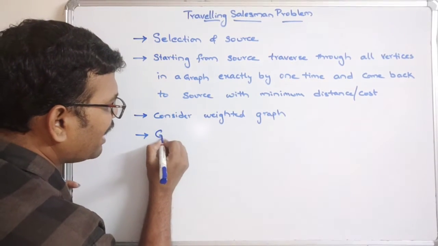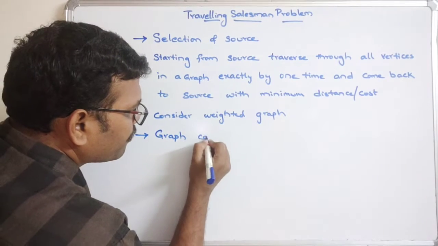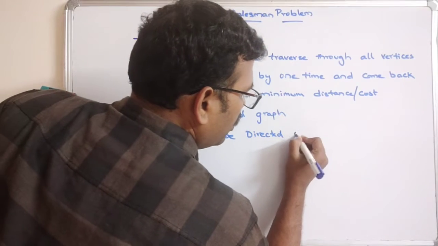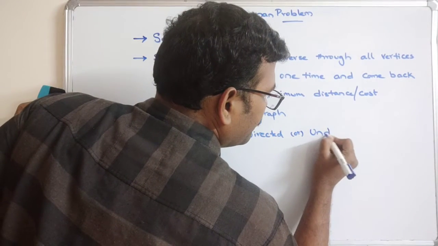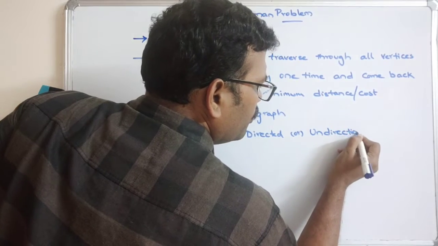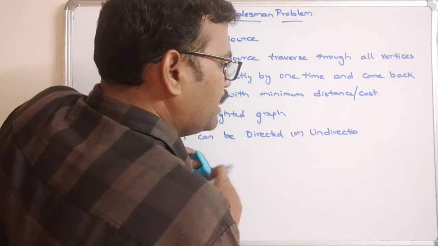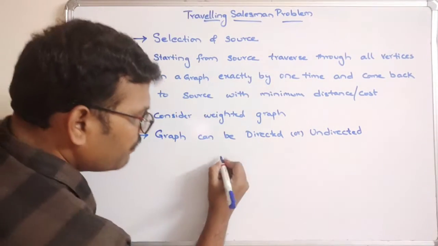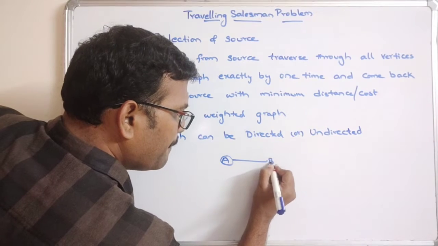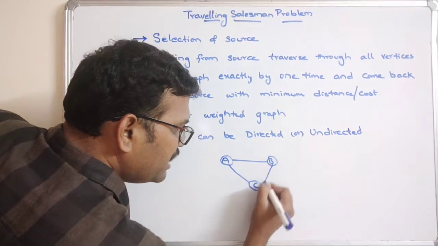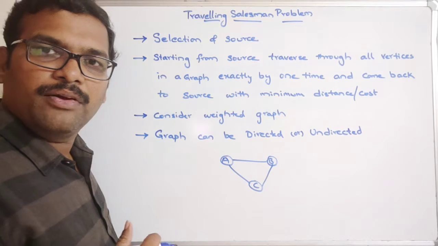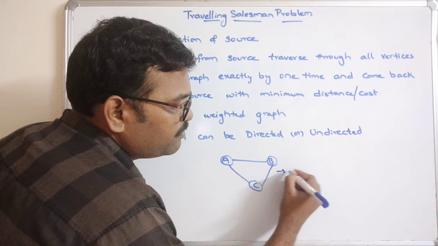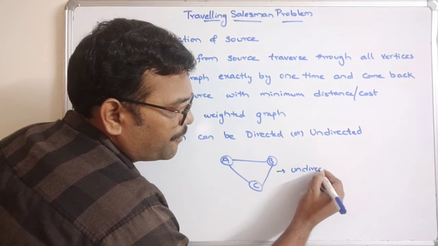I think you know the difference between directed and undirected. For example, if A, B, C form a graph and there are no directions on the edges, this comes under undirected.